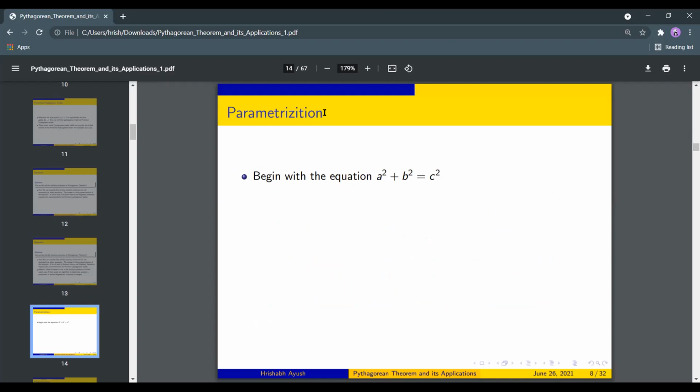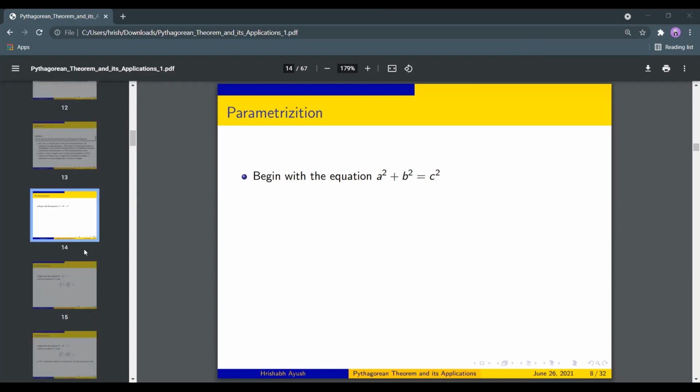Okay, I'll explain what parametrization is. It is a technique where you use other variables to express another variable. Does that make sense? Basically substitution, right? Yeah, basically substitution. You use clever substitutions to find the values.